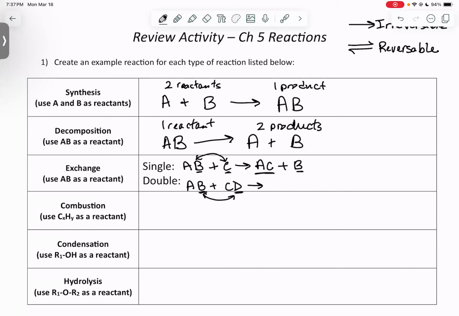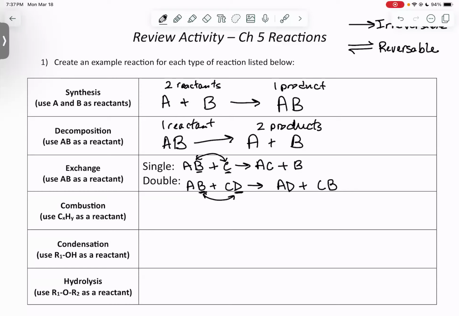The other one is an element. So in a double exchange I'm going to make two new compounds. So what I'm going to have is A and D, and then I'm going to have C and B. All I did was exchange, but we're exchanging between two compounds to make two new compounds.